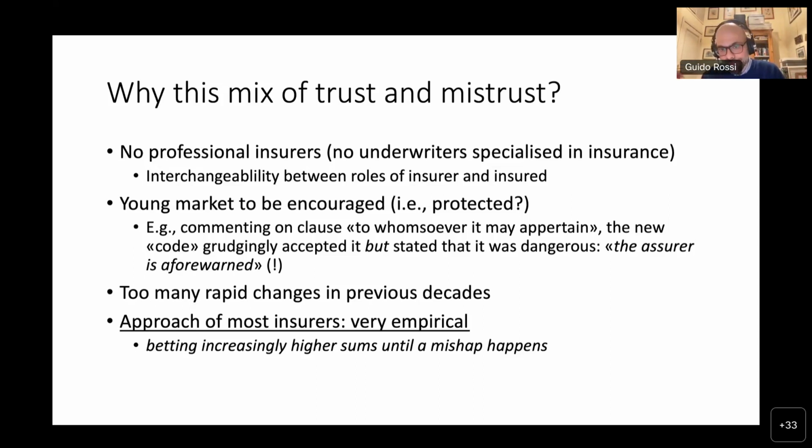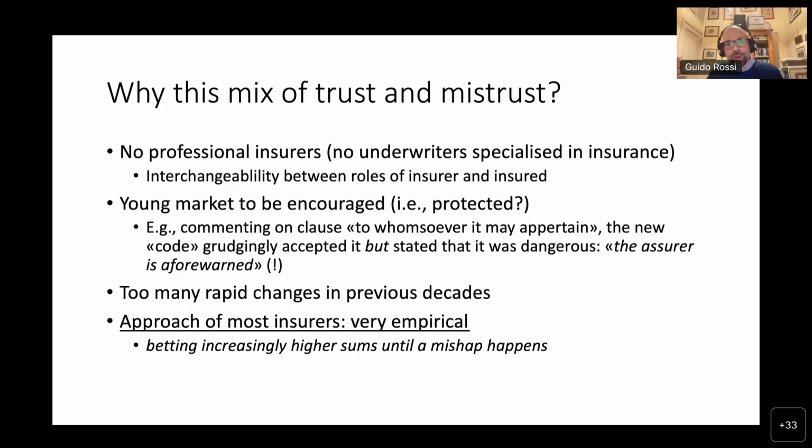It's a young market without specialized insurers that needs to be encouraged. In the eyes of the government and in the eyes of the compilers of these rules, this meant that the young market needed to be protected. So sometimes, for instance, in some of the new clauses which were coming from Antwerp, the compilers of this code grudgingly accept them because they are by now routinely employed in London as well, but they say in the compilation, don't use it.